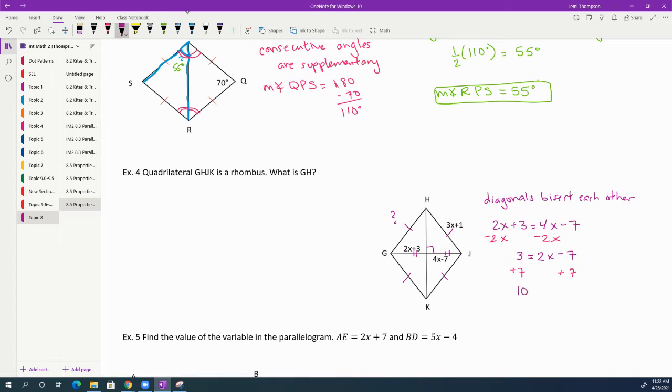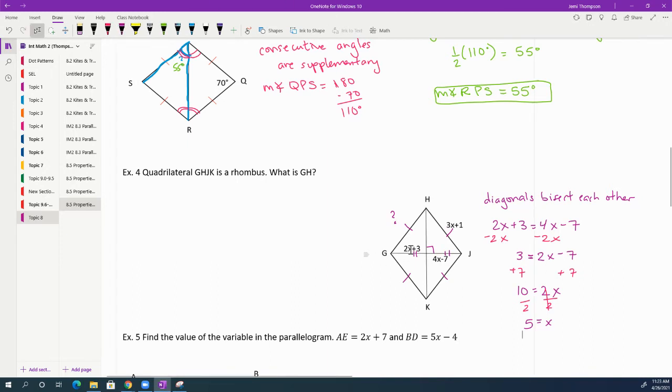Three plus 7 is 10. 2x. 10 is equal to 2x, so I divide by 2, I divide by 2. I get x is equal to 5.